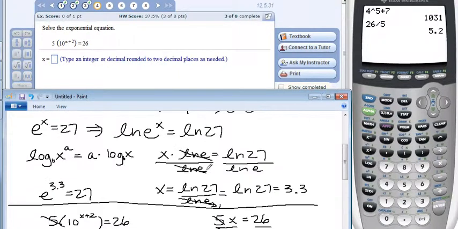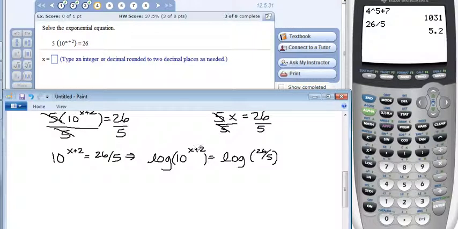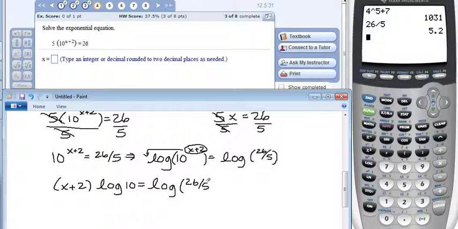Now I've turned it into a log, so I can use this log property, this power rule that says that this piece can come down. That's very useful, because then my x becomes not an exponent. See what I'm doing? I'm using that rule to my advantage.